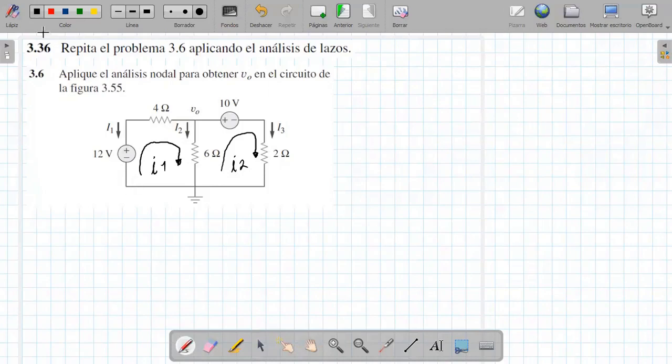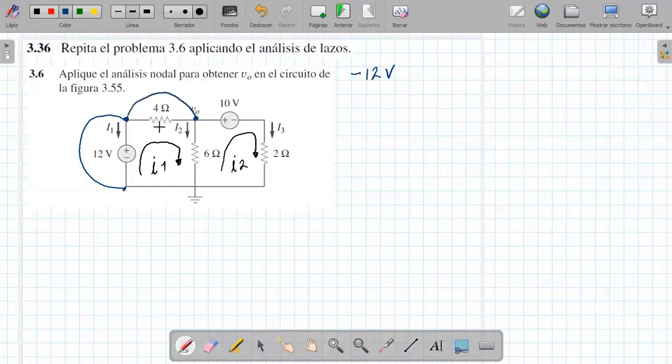point and this point. Well, they are 12 volts, and I am going to put a minus here. Between this point and this point, this point is where the current comes in, so it would be minus 12 volts.